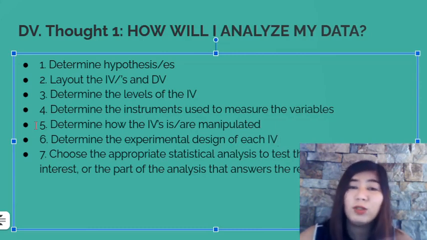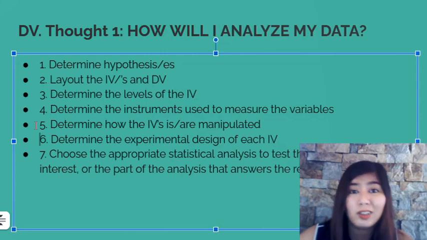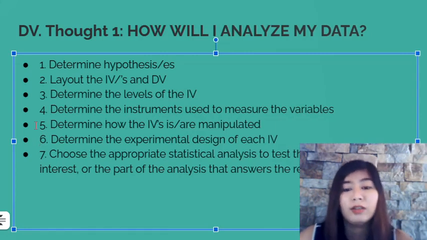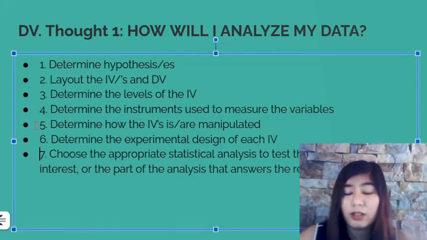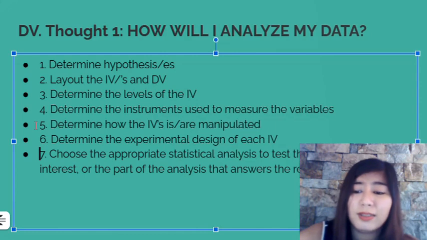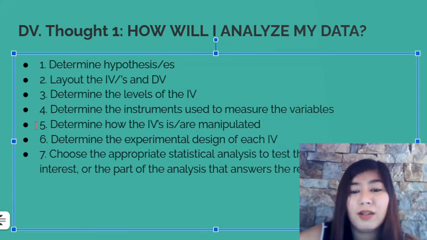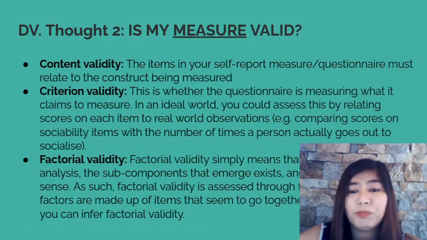Okay, one could be between subjects and the other could be within subjects. So it depends. Sometimes it also depends on the nature of the variable to determine what kind of design is more fitting. Okay, there are many things that you need to consider in the design. Then finally choose the appropriate statistical analysis to test the hypothesis of interest or the part of the analysis that answers your research question. Okay, let's move forward.